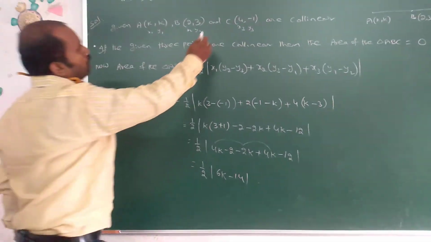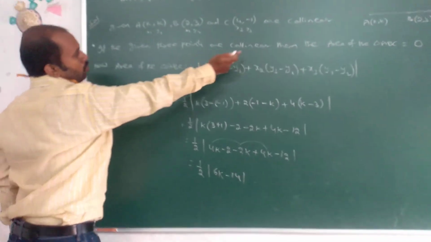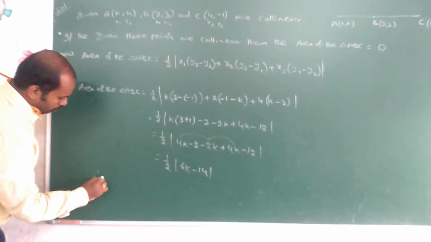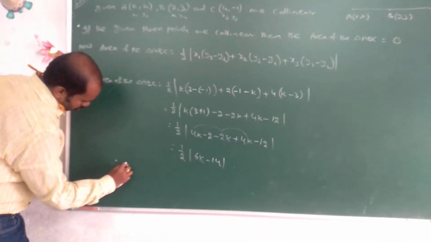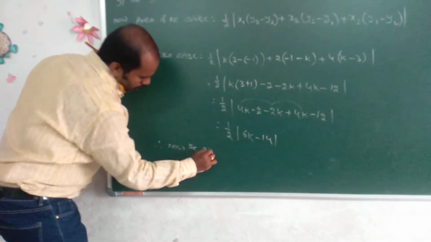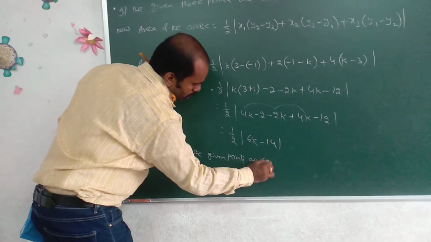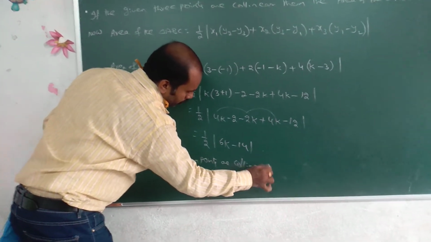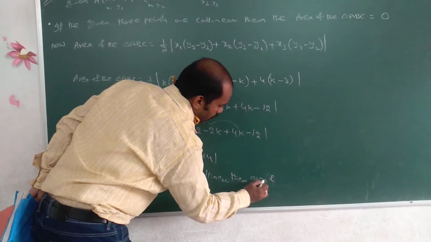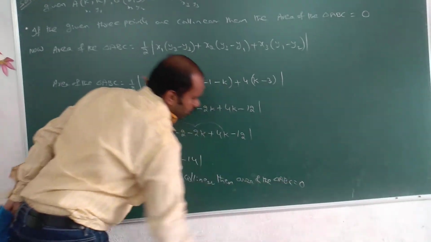Okay, here is the given concept. The given points are collinear. If the given points are collinear, then the area of the triangle ABC is equal to 0. Therefore, the given points are collinear, then the area of the triangle ABC equals 0.